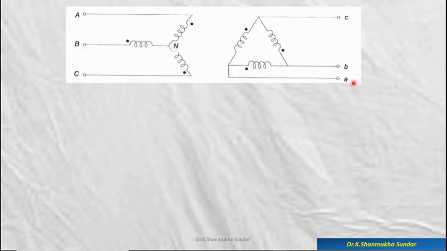So it is different terminology, we have labeled it in a different way. Even if you change the labeling of the terminals like this, the lagging and leading of the star and delta side quantities will vary. Now let us analyze with these terminals. Star side we have not changed, only on the delta side the labeling of the terminals we have interchanged. Earlier it was different and now it is CBA.